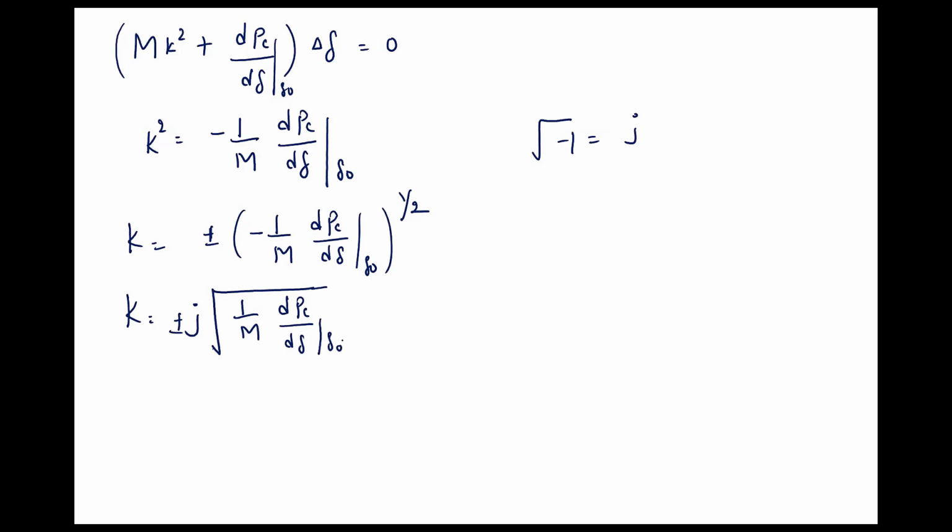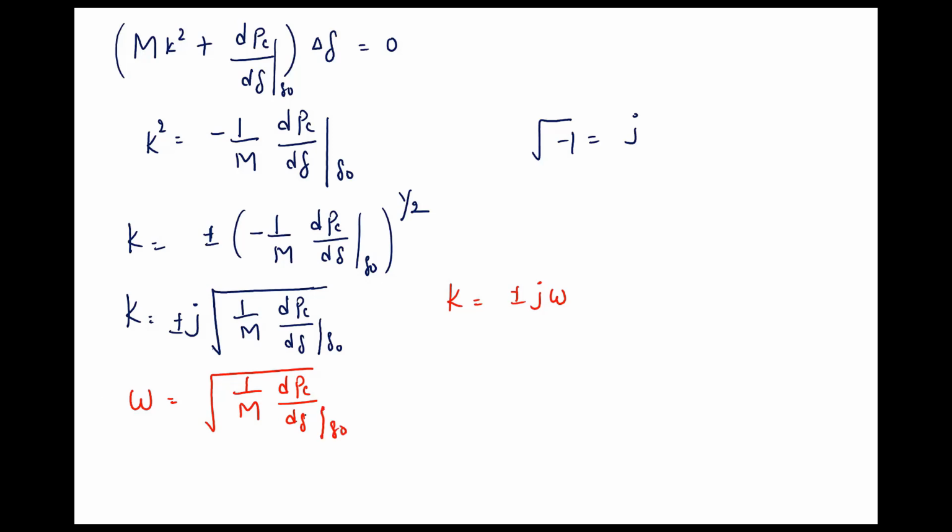Understand? If you remember your characteristic equation, your k is in the form of k equals plus or minus jω. So if you compare, your ω value will become root of 1 by m into dPe/dδ at δ₀.